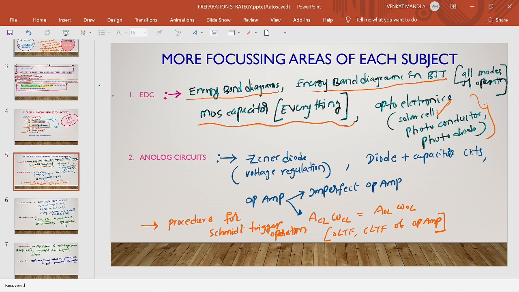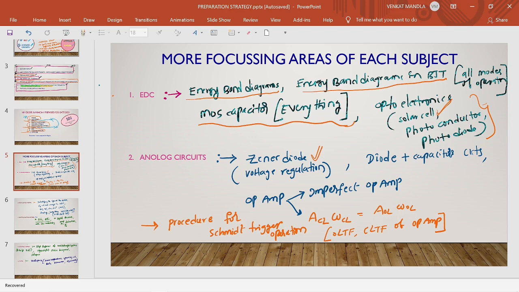This is a huge subject. For this subject, I recommend you solve all the problems and read all the concepts, but the most focused area I recommend is the Zener diode.